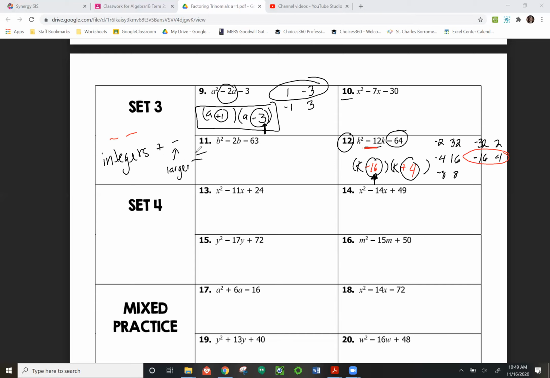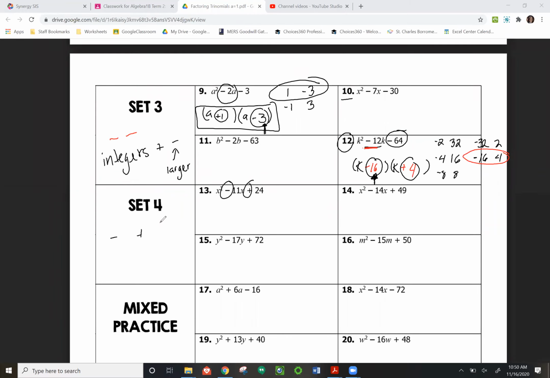So that's kind of the difference. It's not necessary that you memorize that, but as you get better and faster at this, it can help you do these more seamlessly.